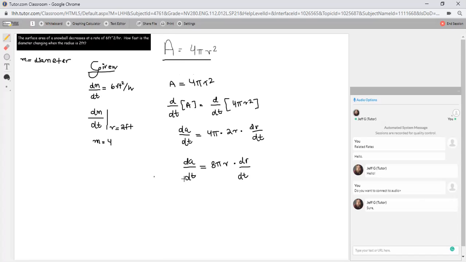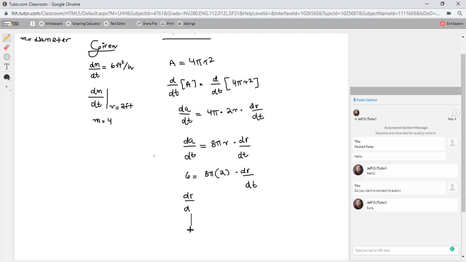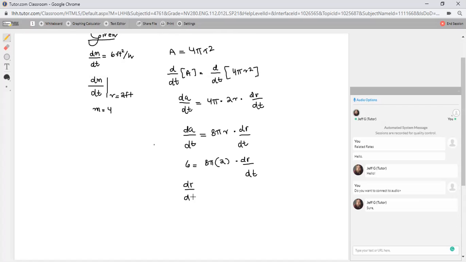I'm given dA over dt as 6, and I have 8 pi here, and if I plug in r at that instantaneous moment, which is 2 feet, I could have dr over dt equal to 6 over 16 pi as a final answer.